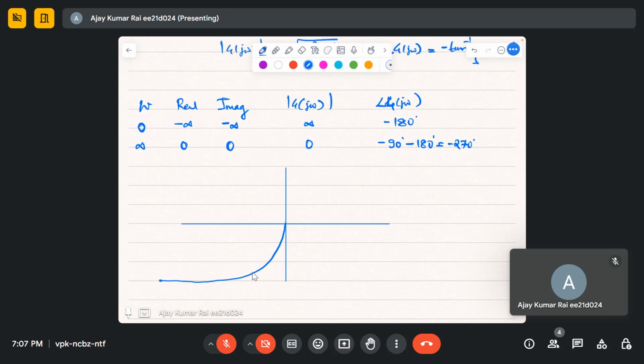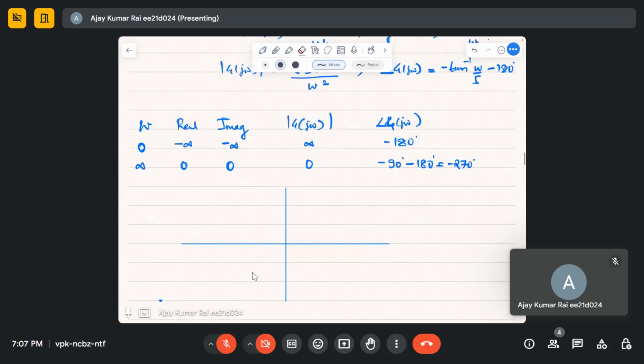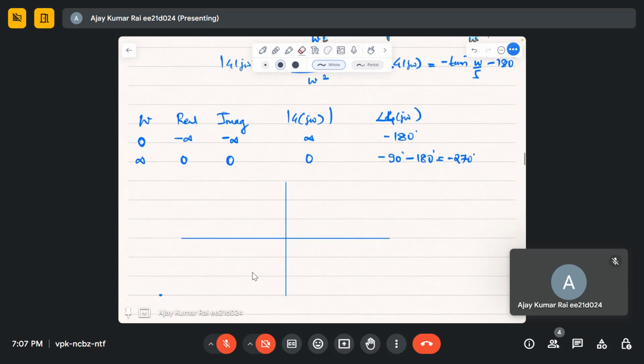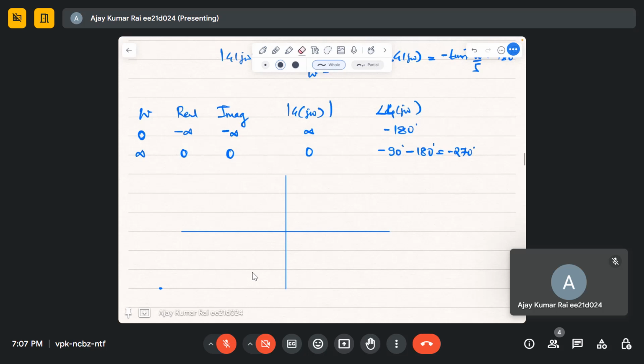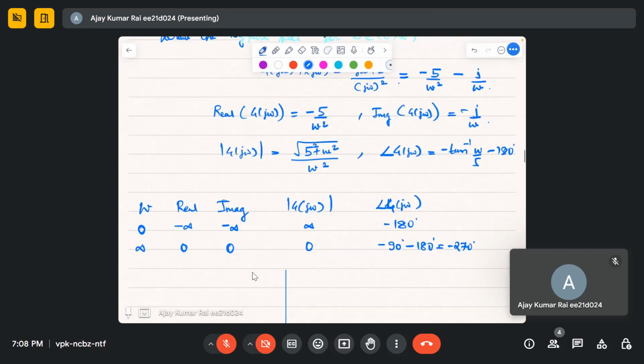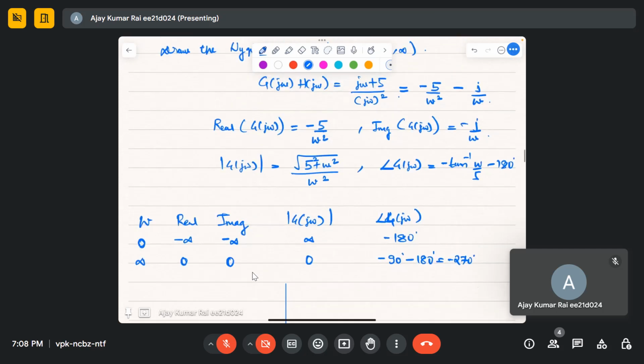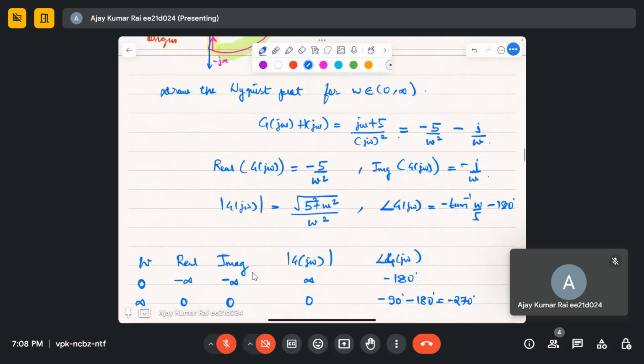Okay, this is 270 degree. Okay, so you can see here I made some mistake.